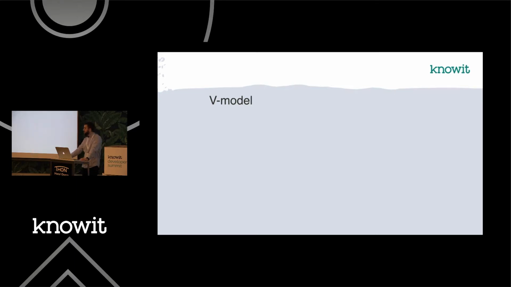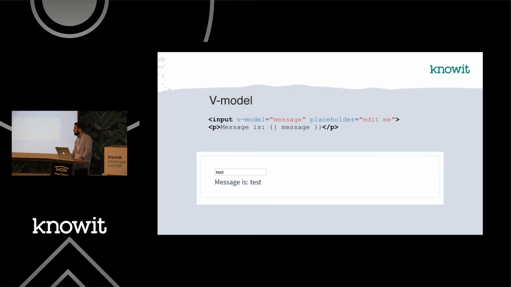This can be used almost on anything to create two-way data binding, such as checkboxes, radio boxes, components, or selects. We have one example here, v-model message, and it just displays the message. To show how it actually works, you just have a textarea and write in it, and it just automatically changes. So it's really powerful.